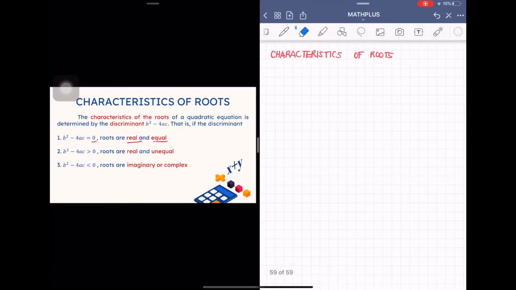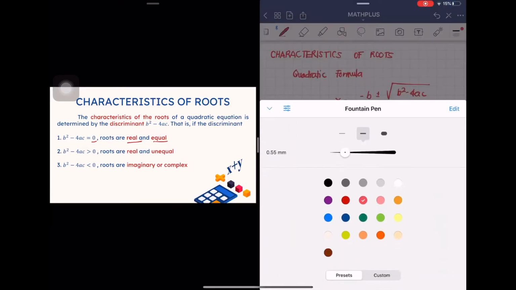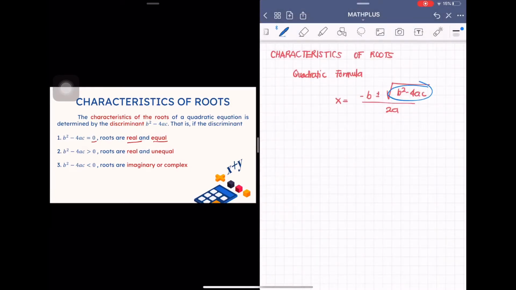So in your quadratic formula, that is x equivalent to the negative of b plus or minus the square root of b squared minus 4ac, all over 2a. This particular expression here is known as your discriminant.